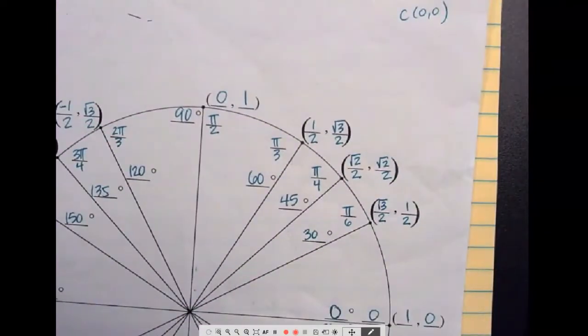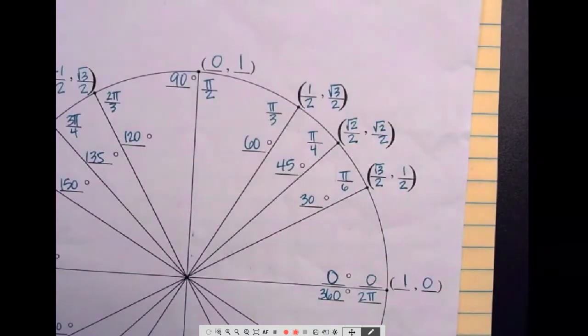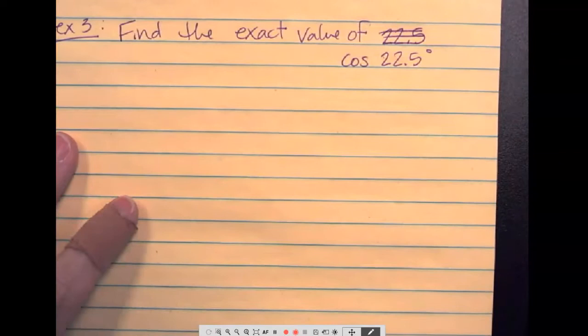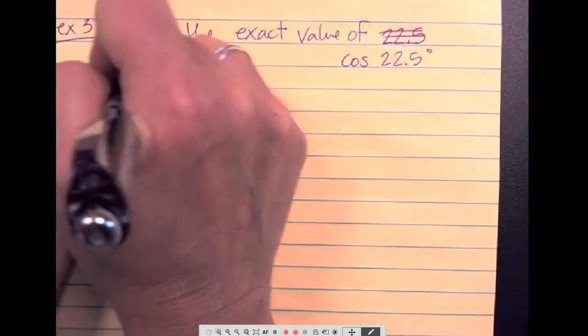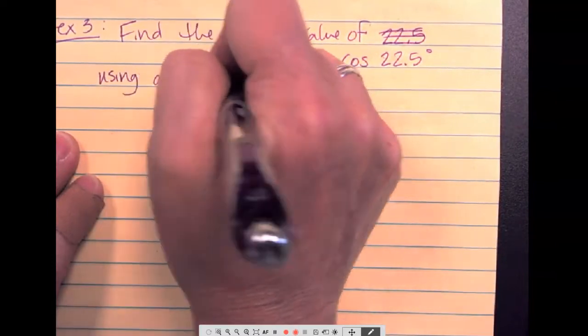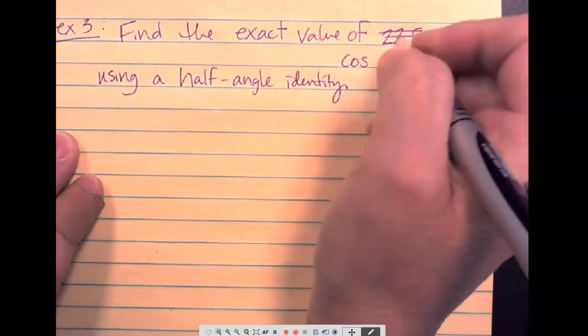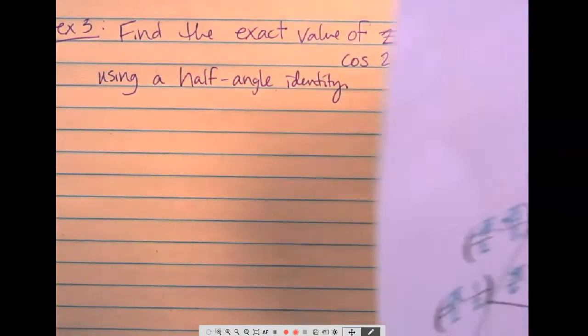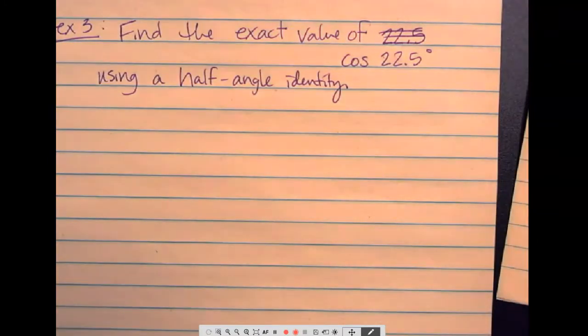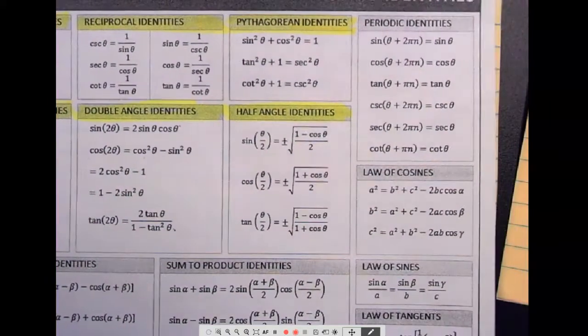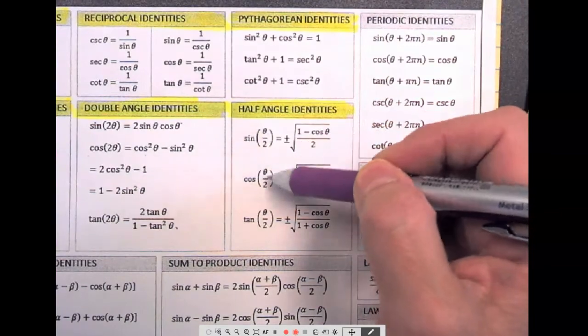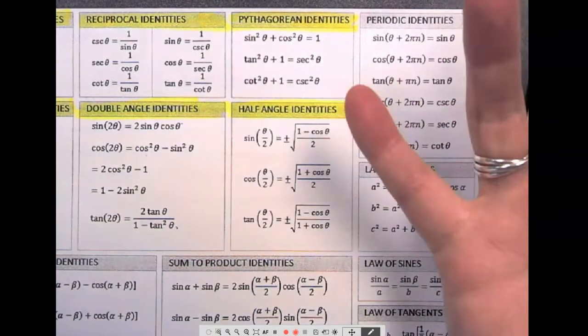Which angle, if I take half of it, will I get 22.5? 45. So we are going to use a half angle identity. Okay, so our half angle identities, notice that they all are something over 2, hence the term half angle.